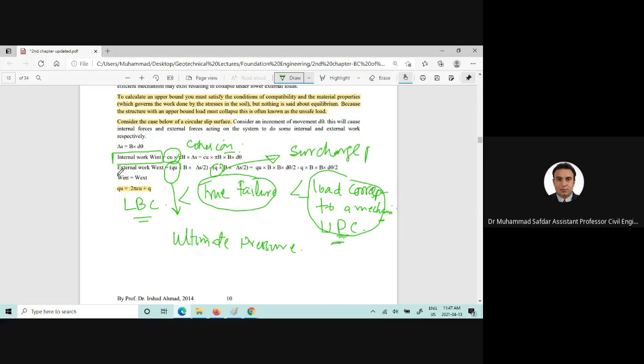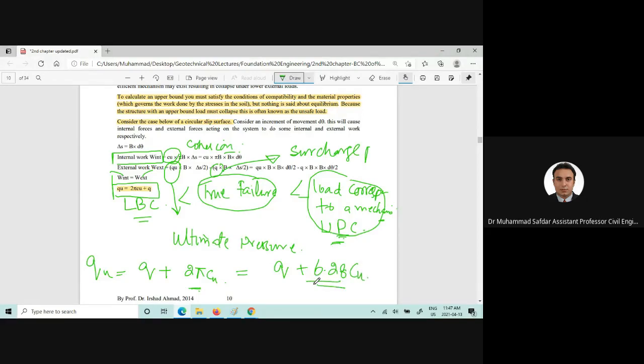Now if we equate those two, the internal and the external work, which is related to the shear strength and to the loading which is applied, you will come up with an equation which is qu equal to q plus 2 pi cu, and we can further simplify that as q plus 6.28 cu.